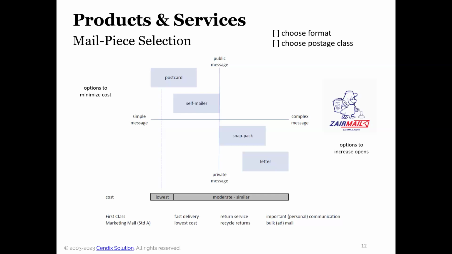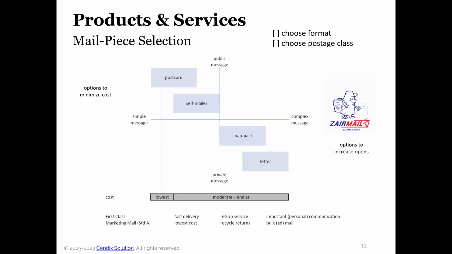So you can choose between first class or marketing mail. To be honest, if you're Visa or MasterCard or American Express and you're sending out 1 million pieces of mail, the difference per piece between first class and marketing mail is probably a dime, 10 cents.